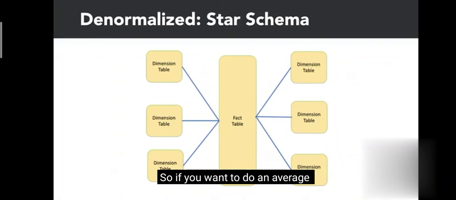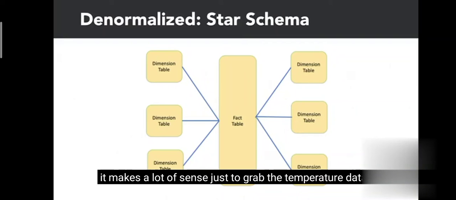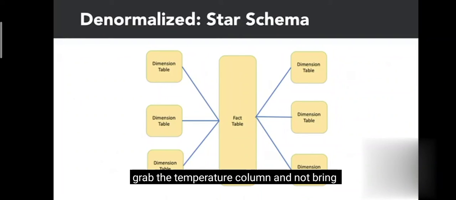So if you want to do an average, say, of the temperature measure of a particular sensor over a 24-hour period, it makes a lot of sense just to grab the temperature column, and not bring in the other data that you're not interested in. And that's what columnar data stores do for us.